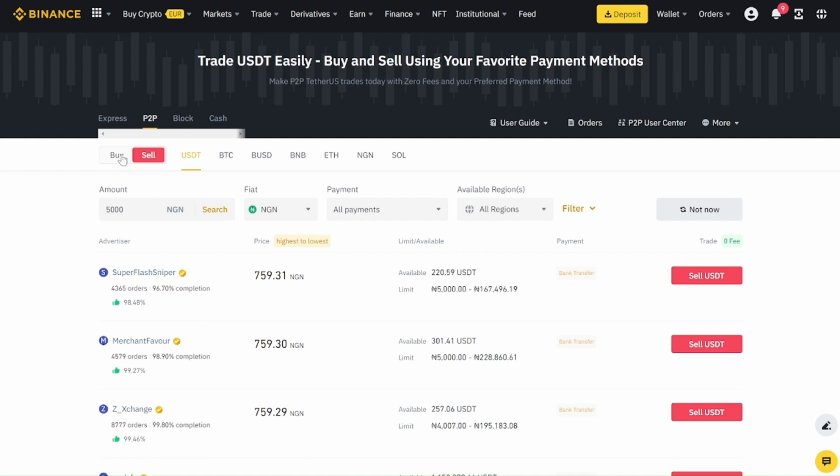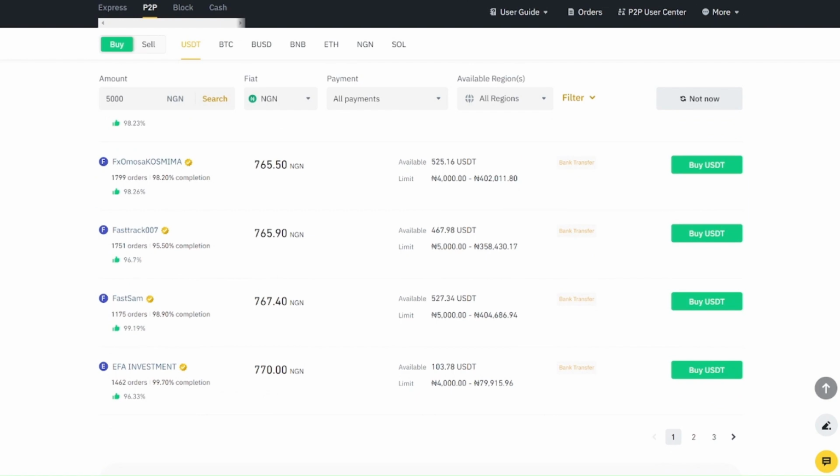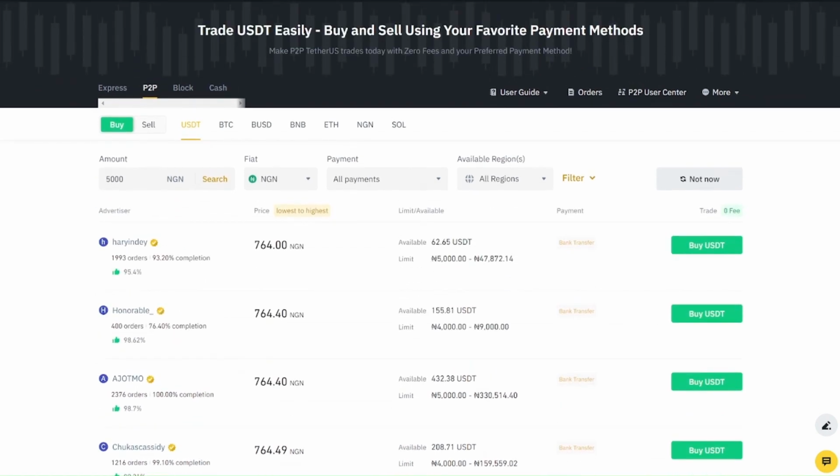And you come over here, you see this is the best price for this trade over here if you are selling, and people go as far as 770. But you were able to come over here to make a sell order, it is going to bring it to people over here to buy from you, and you're able to sell at this price.